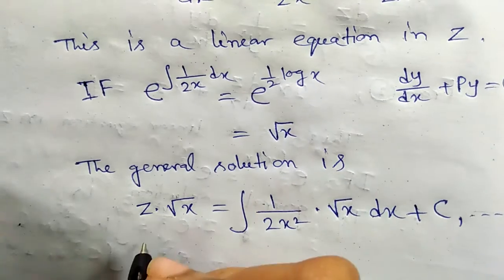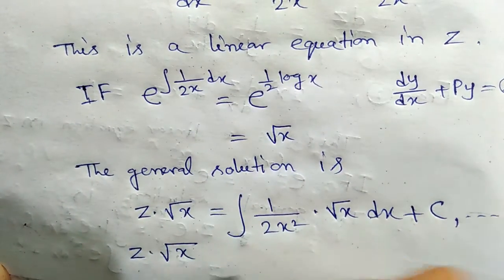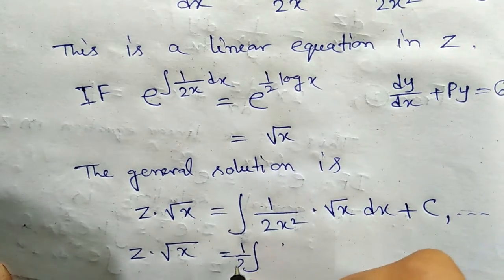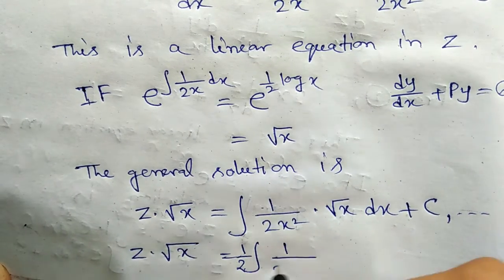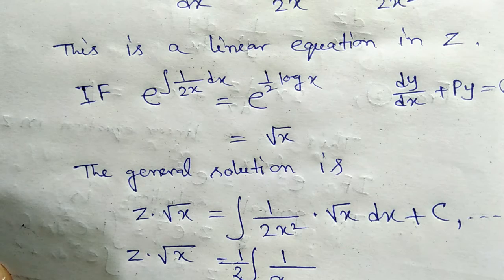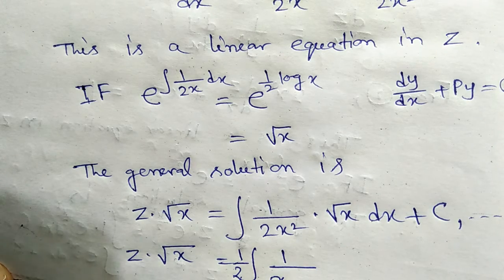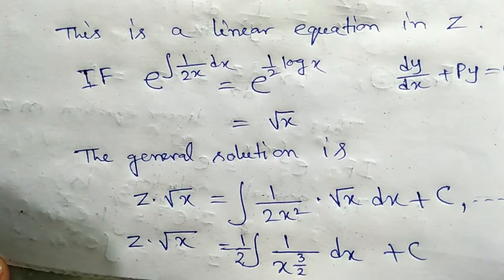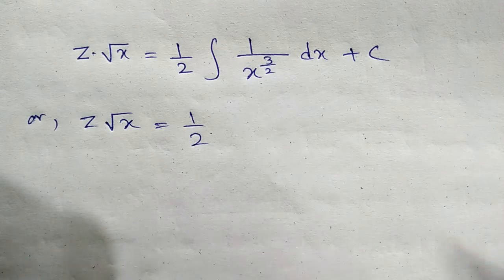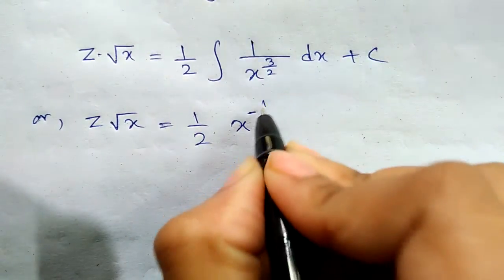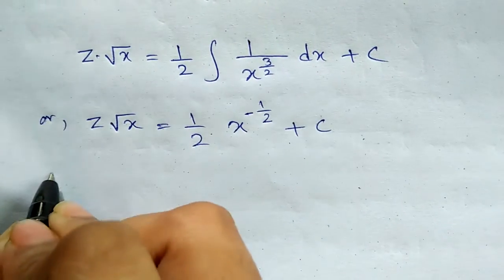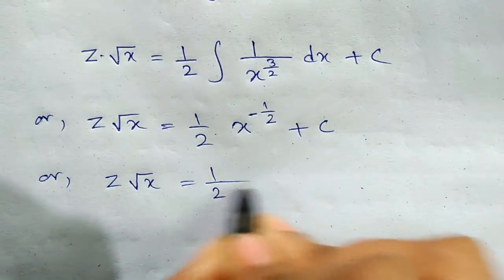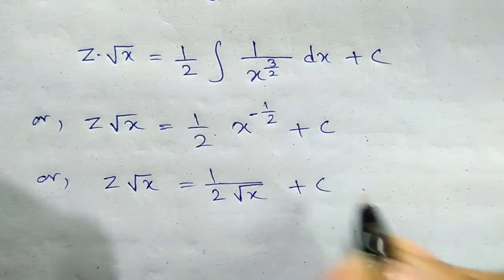Then we integrate this, so z root x equals integration half 1/x to the power 2 minus half, therefore 3/2, dx plus c. So integrating we get x to the power minus half, that is z root x equals half times x^(-1/2)/(-1/2) plus c.